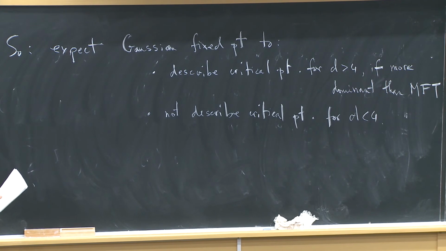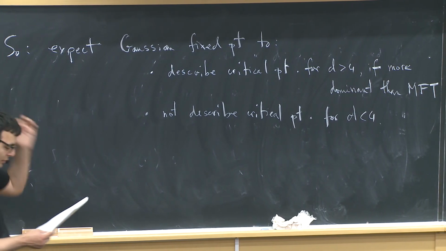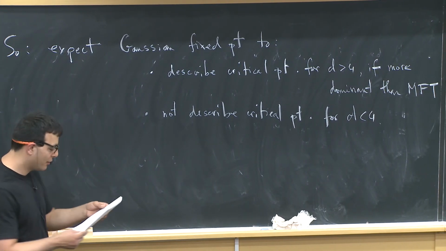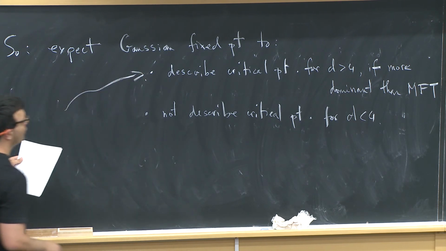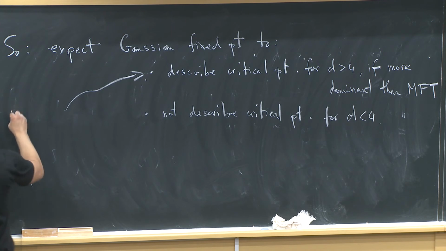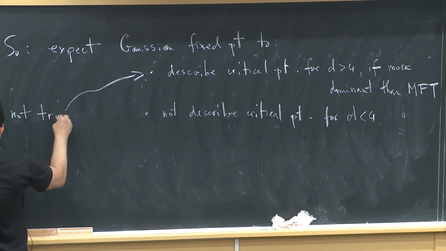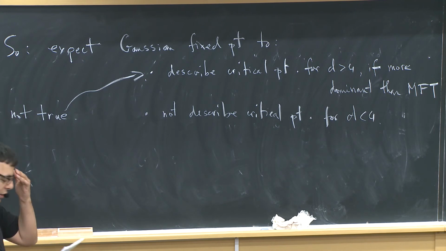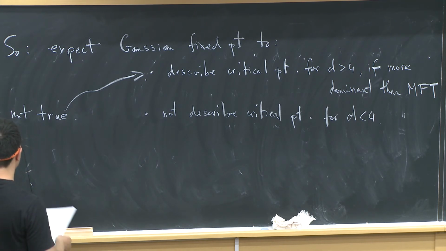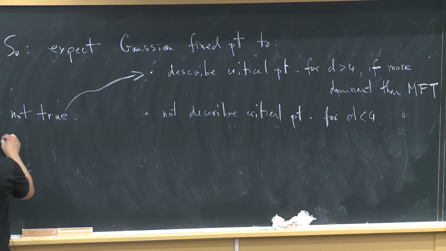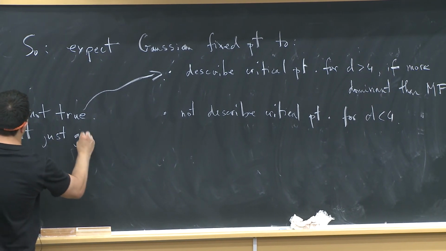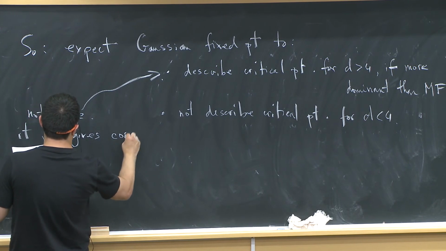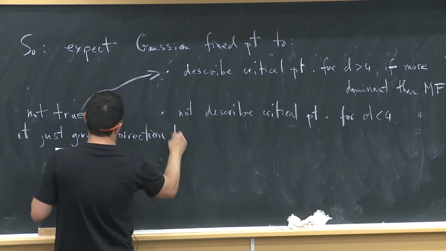Okay? So the point that I want to make here, and then I want to move on to other things, is that this thing here is not true. The Gaussian fixed point does not describe the critical point in more than 4 dimensions because it just gives a correction to mean field theory.